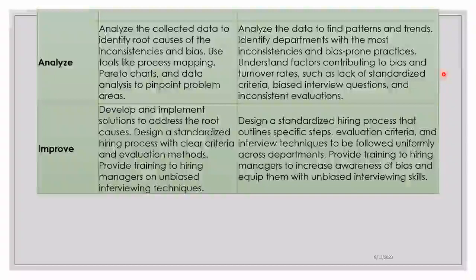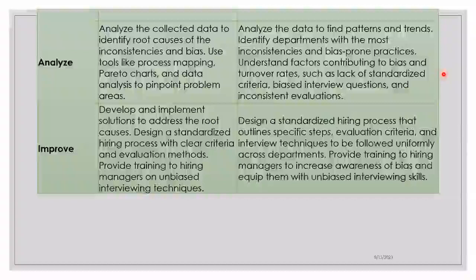Provide training for hiring, that has to be done. Improve the processes. You are required to conduct some processes. Unbiased interview techniques. And the application: design the standard hiring process that outlines the specific steps, evaluation criteria, and interview techniques to be followed uniformly across the departments.